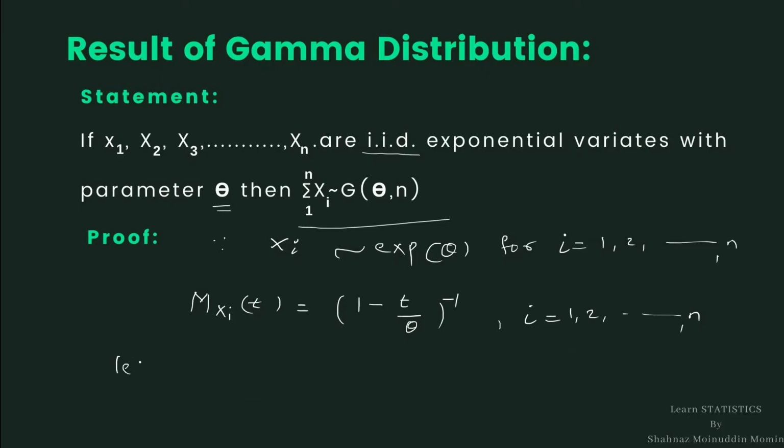Let us define a new variable y equal to the summation of xi, i equal to 1 to n. Let me call this equation 1 for our further reference. Now we shall calculate the MGF of y.